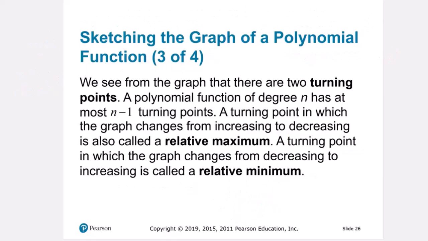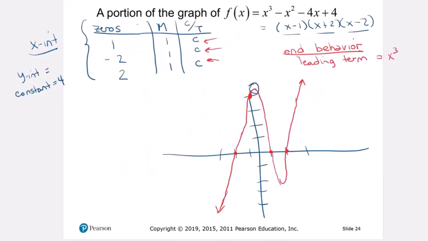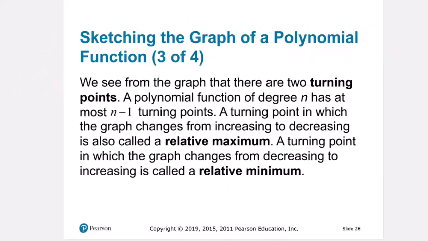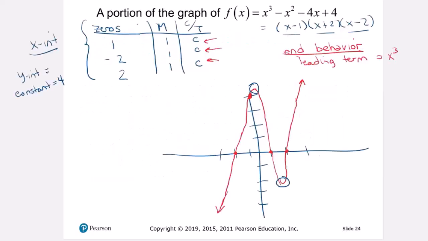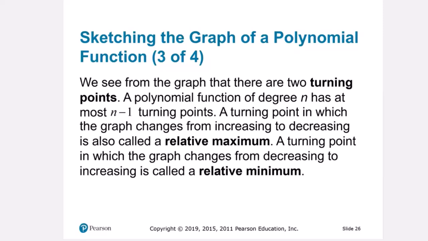We see from the graph that there are 2 turning points. It turns here and it turns here. A polynomial of degree n, our degree here is 3, has at most n minus 1 turning points. Since the degree is 3, it can't turn more than twice.